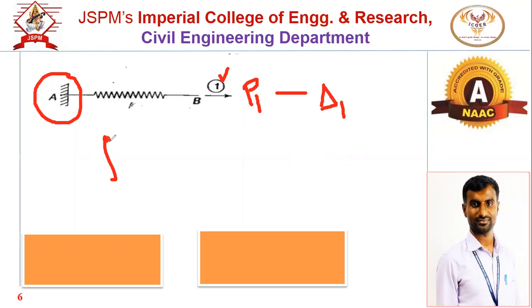Now tell me, what is the flexibility at this point 1? At point 1, the applied load is P1 and the displacement caused is delta 1. What is the definition of flexibility? It is the displacement caused by unit force, delta by P. From the definition, how can we write flexibility F1 here?